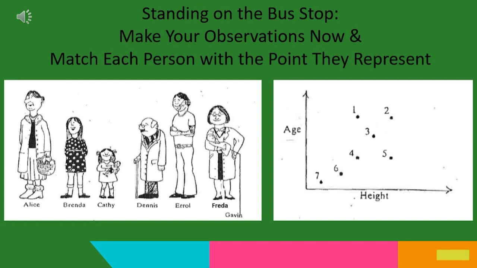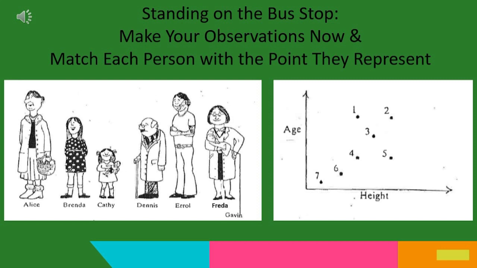Let's go back and recap what we've talked about so far to see if we can match each person with the point they represent. This is real world data at its finest, boys and girls. Let's see if you remember. So we said that Alice and Errol were the exact same height.